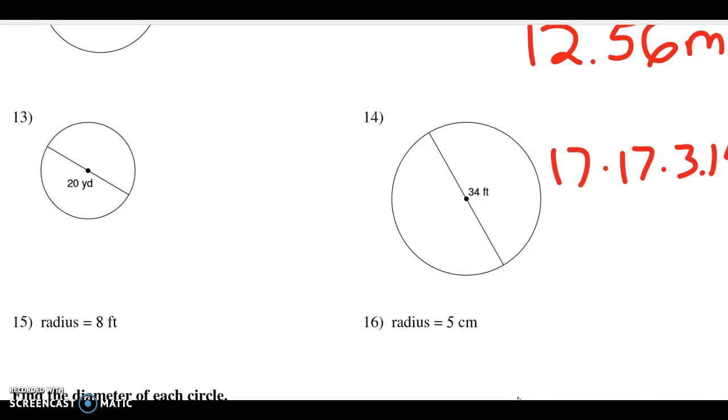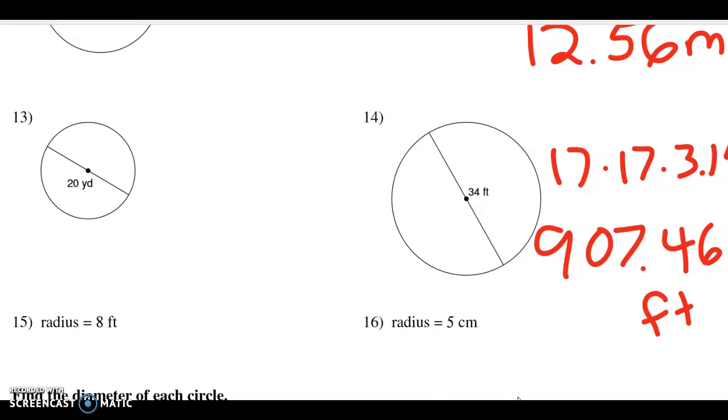And I get 907.46, and I'm going to write down here because I ran out of room, feet squared. So it's 907.46 feet squared.